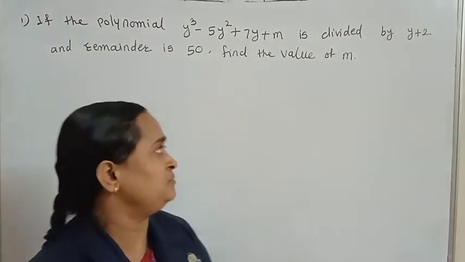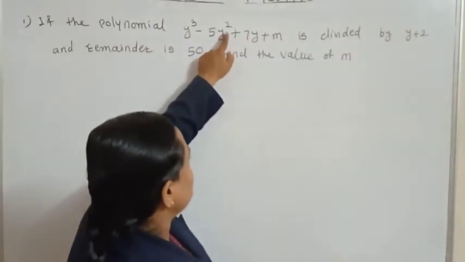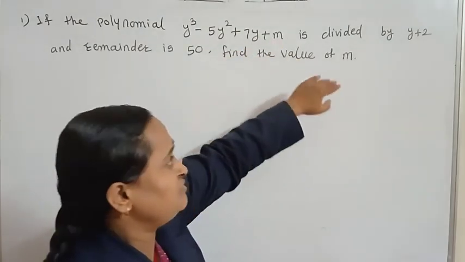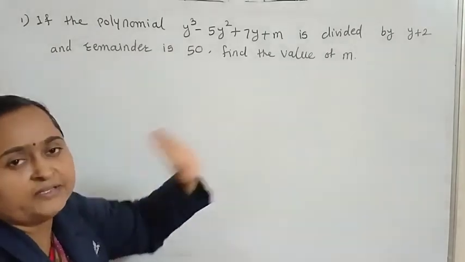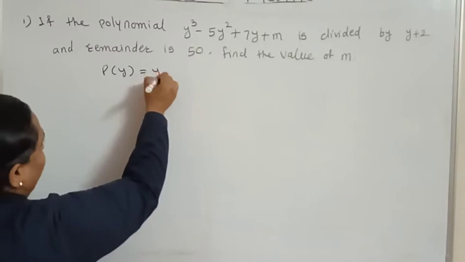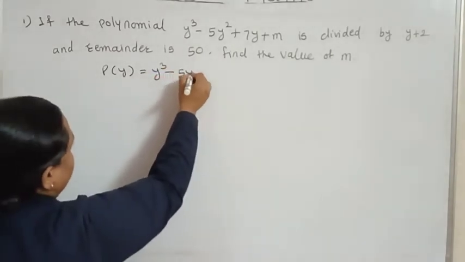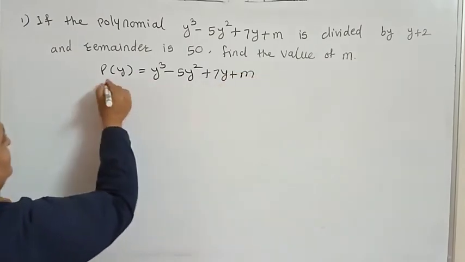Now see the next example. If the polynomial y cube minus 5y square plus 7y plus m is divided by y plus 2, the remainder is given as 50, then find the value of m. Now see, p of y is equal to y cube minus 5y square plus 7y plus m.